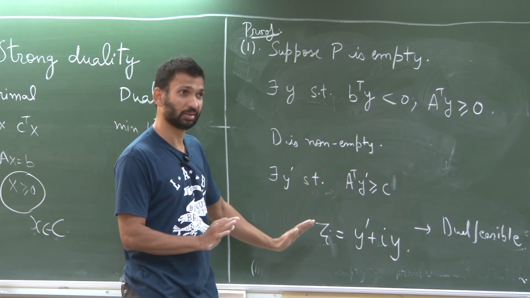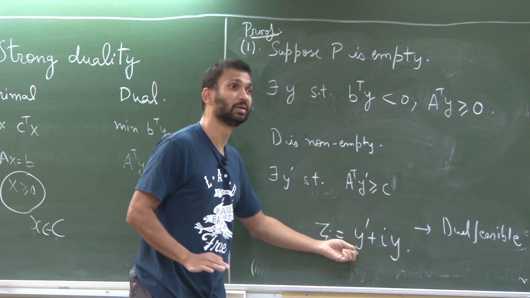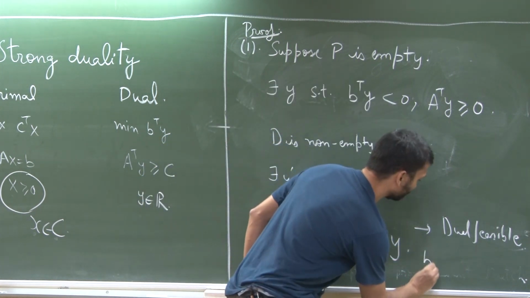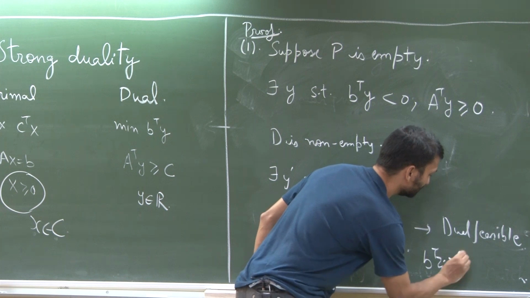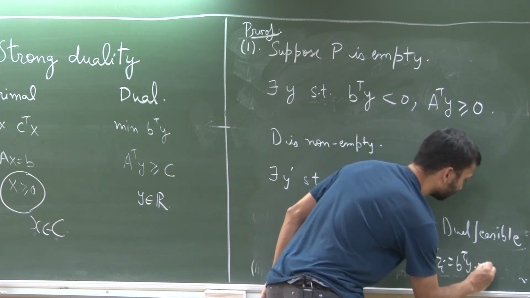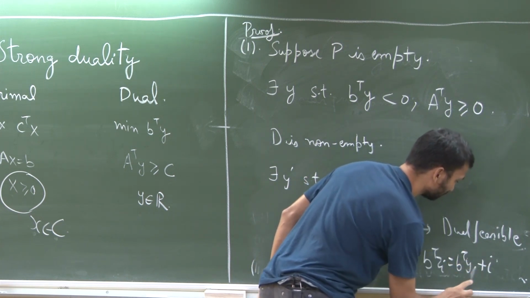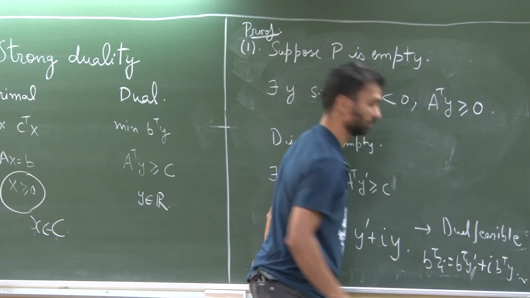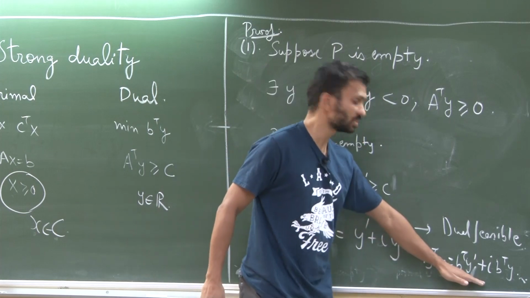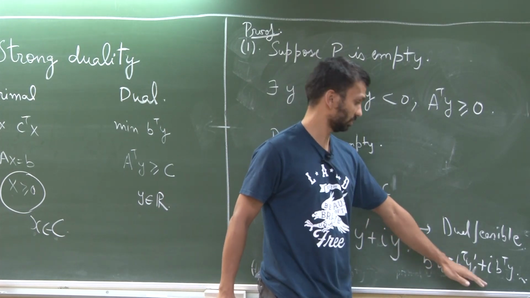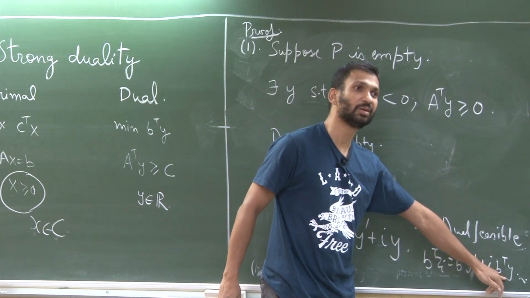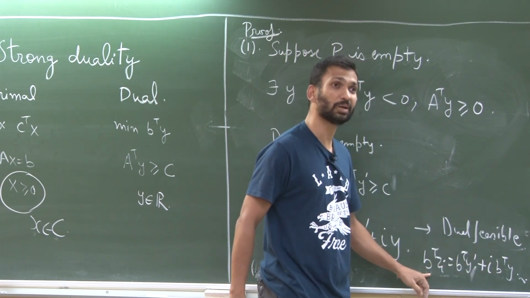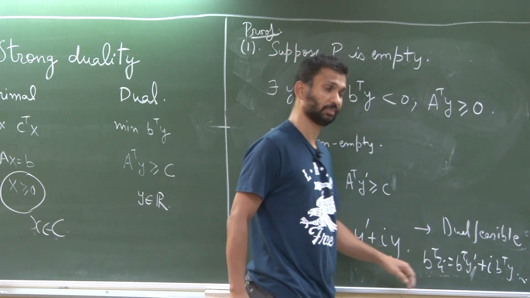But it is fine. But what is happening to the objective value? B transpose Zi is B transpose Y prime plus i times B transpose Y. This is a fixed quantity. B transpose Y is negative. As i tends to infinity, this becomes minus infinity.